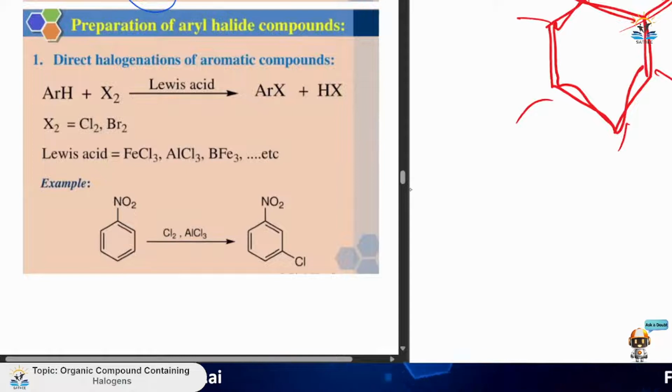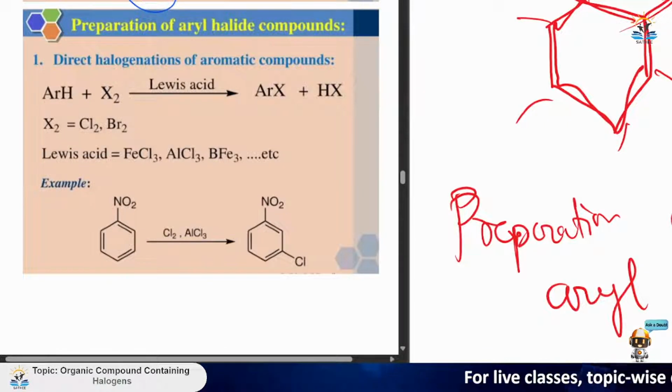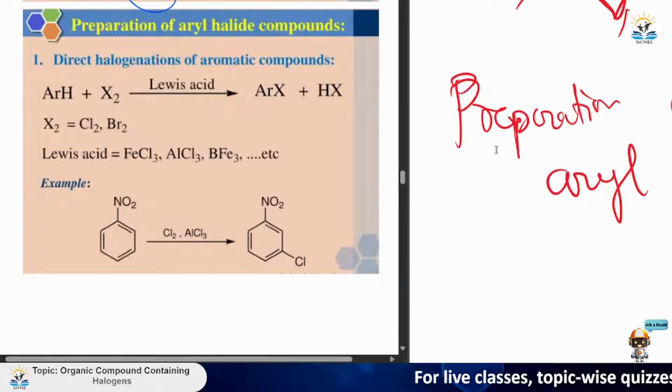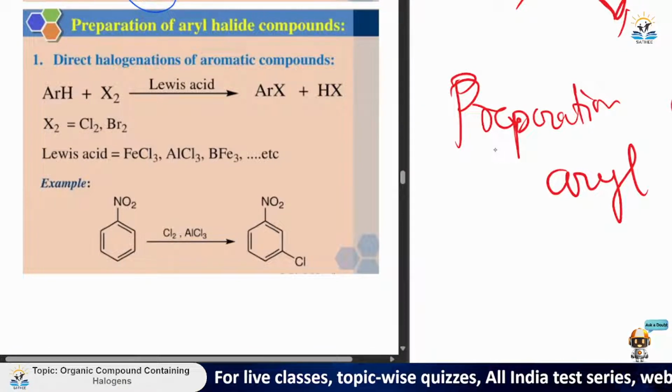Now we will see some of the preparation methods. Preparation of aryl halide. It is similar to the earlier one, but here we have different compounds, different reagents, and different intermediate steps.